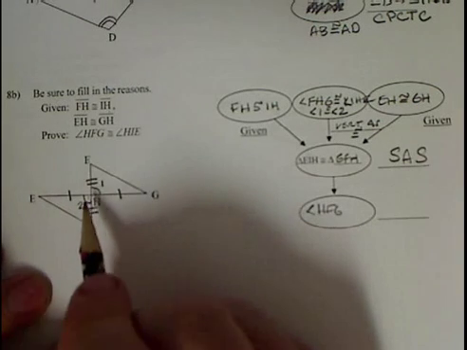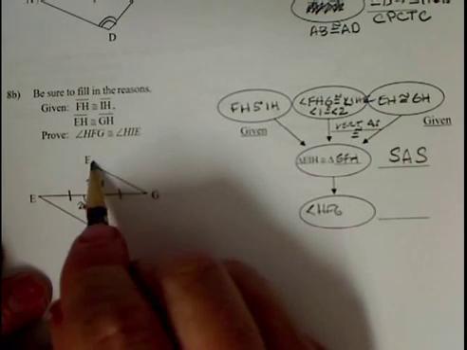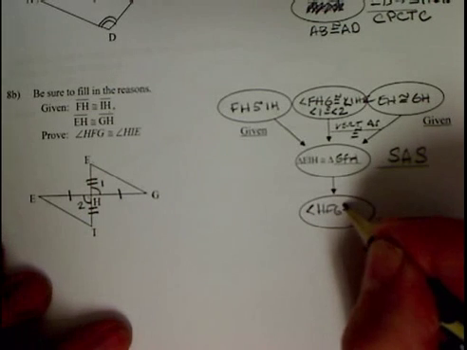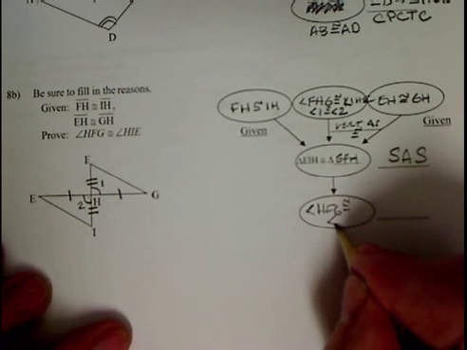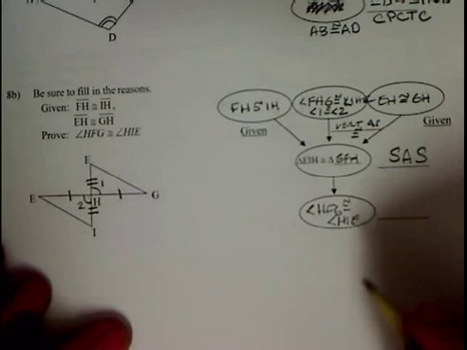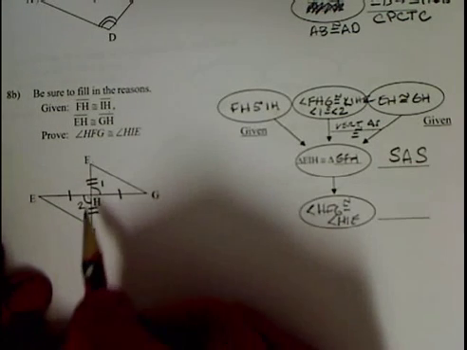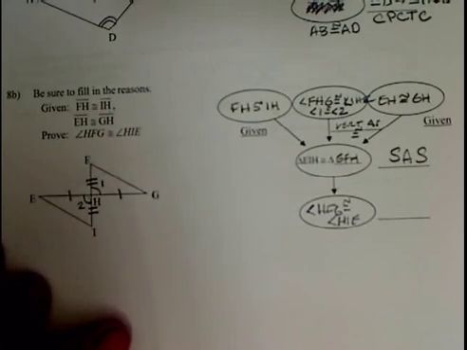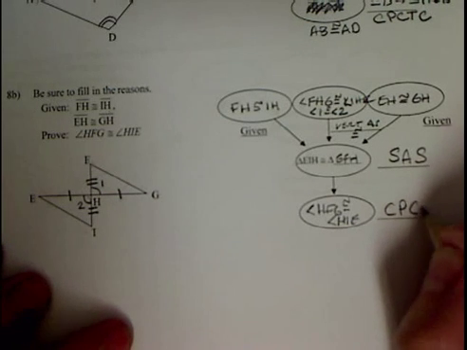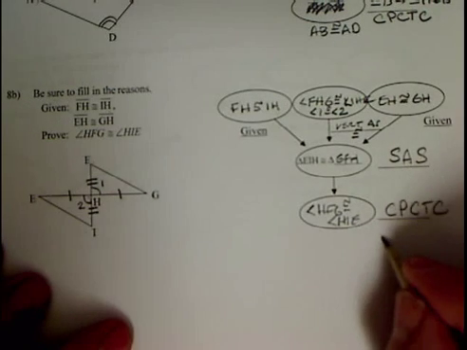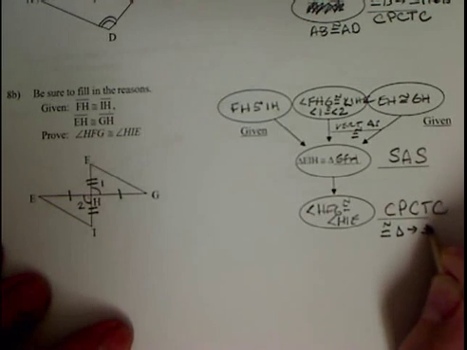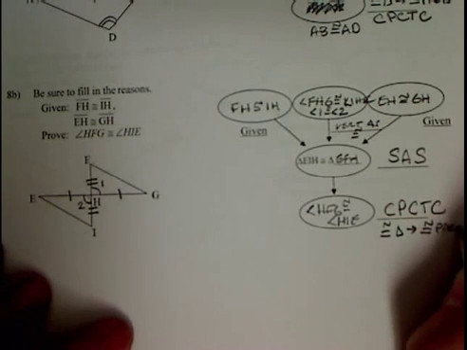So angle HFG, that's this angle, is congruent to angle HIE. And again, HIE would be this angle down here. You could say corresponding parts of congruent triangles are congruent, or congruent triangles gives you congruent parts.